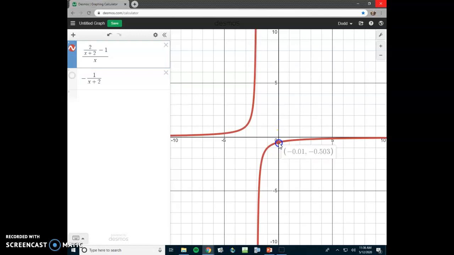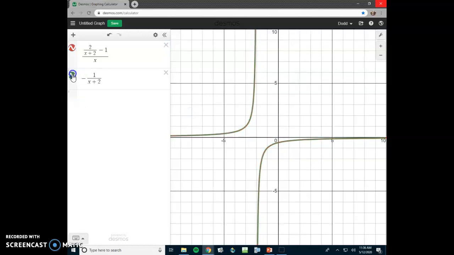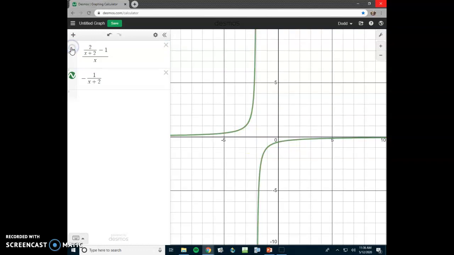Again, confirming that the original function was undefined. Adding the blue one. Actually, it's not blue anymore. Sorry about that. Adding the green one on top of the red gives us an equivalent function that is plugging the hole when x is equal to 0 to get negative 0.5.